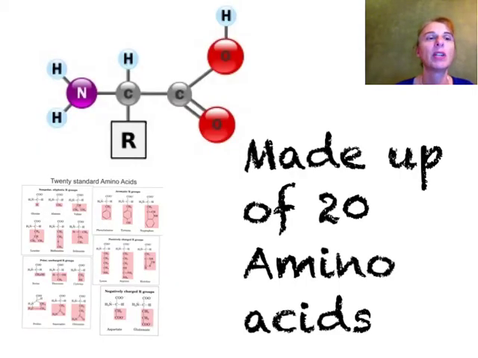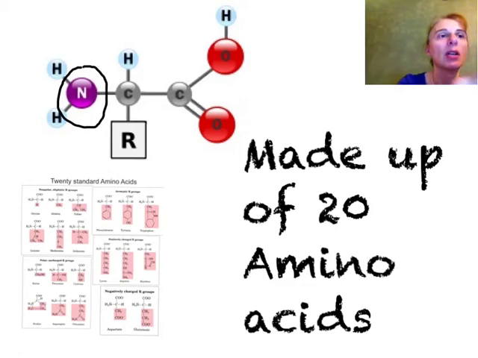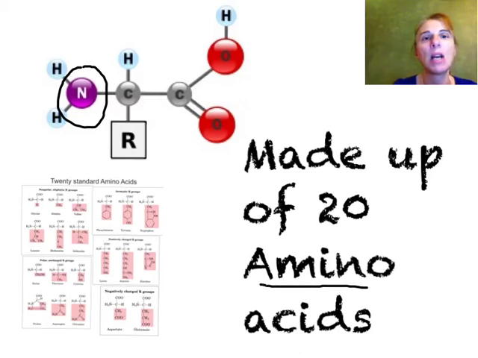You'll notice when we look at the monomer that makes up proteins, there's a brand new element that we haven't seen yet, and that's nitrogen. The carbon, hydrogen, and oxygen are the same as we've seen before, but the addition of nitrogen gives us the name of the protein monomer, which is amino acid. And amino is referring to the protein.